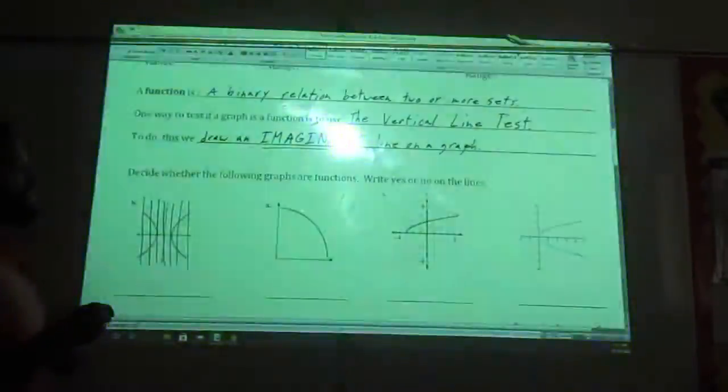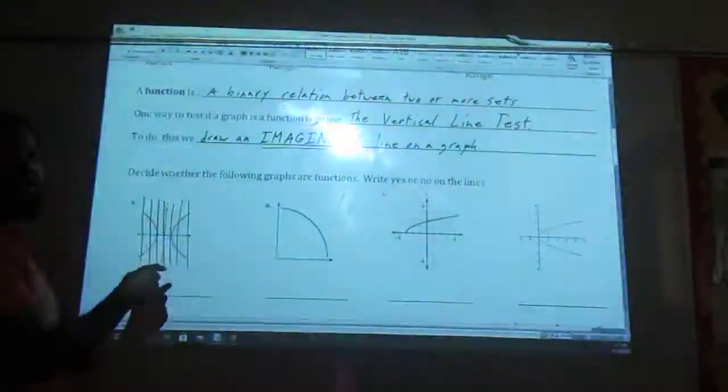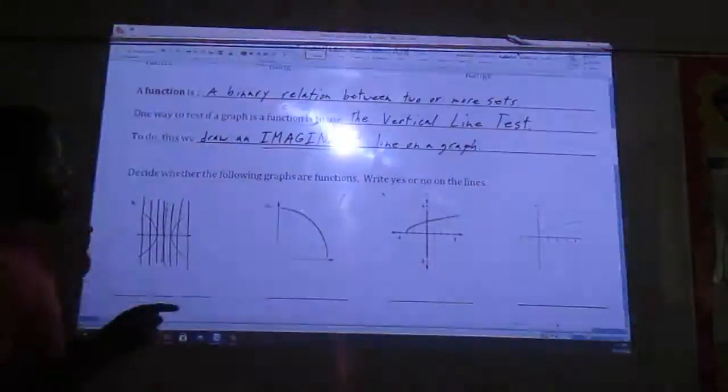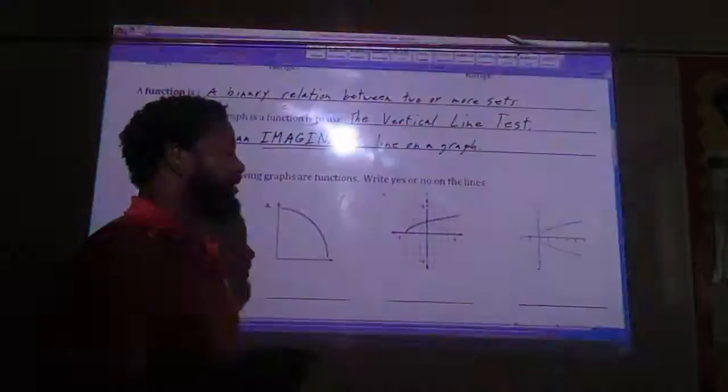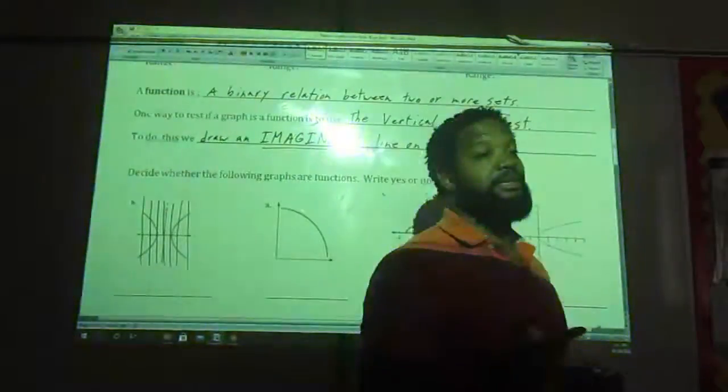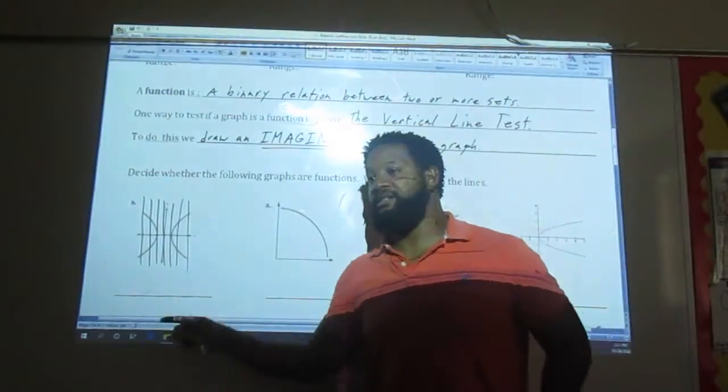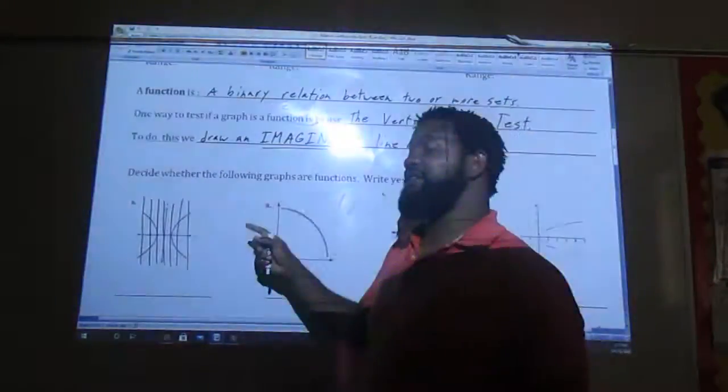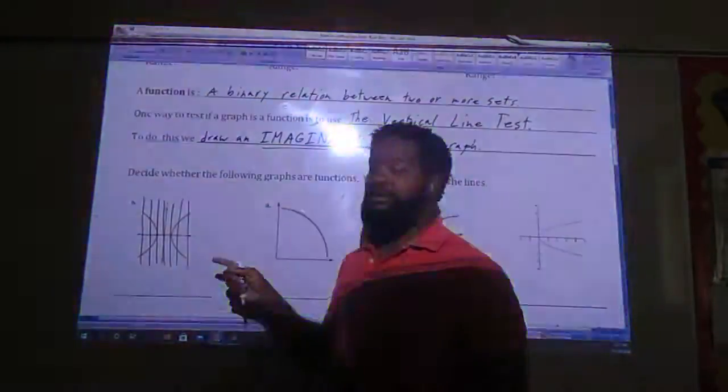But if it only hits each of these imaginary lines once, it is a function, okay? Let me repeat that. If it only hits these lines once, then it is a function. If it hits the lines more than once, then it's not a function.